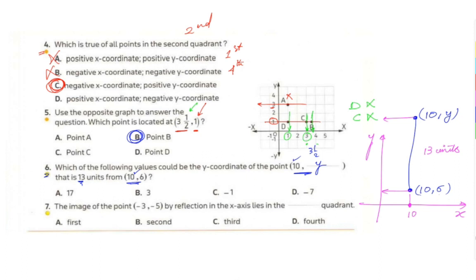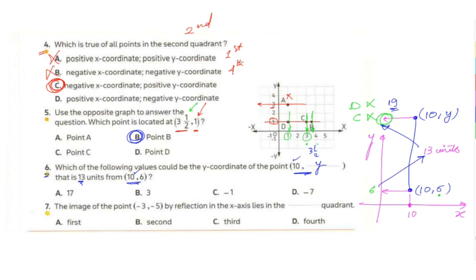So what's the other y here? If we have 6 as y, sorry, 6 here, what's the value of y here? The distance is 13 units, so I can add this 6 to 13 to find the next coordinate of y. 6 plus 13, that's 19. If you look here, there is no 19. Why?